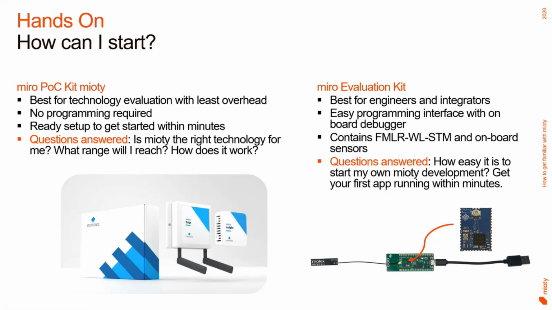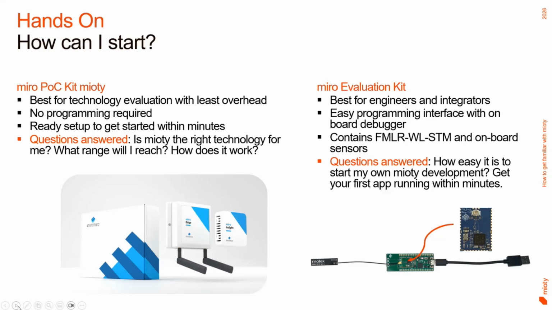Miromico offers two different packages that make it really easy for you to get started. On one hand, we have the Miro POC Kit mioty, which is intended for technology evaluation with the least overhead. With that package, you get a ready sensor off the shelf, a gateway that's already pre-configured and registered to the Loriot network server, and a little ThingsBoard instance where you can directly see the data.